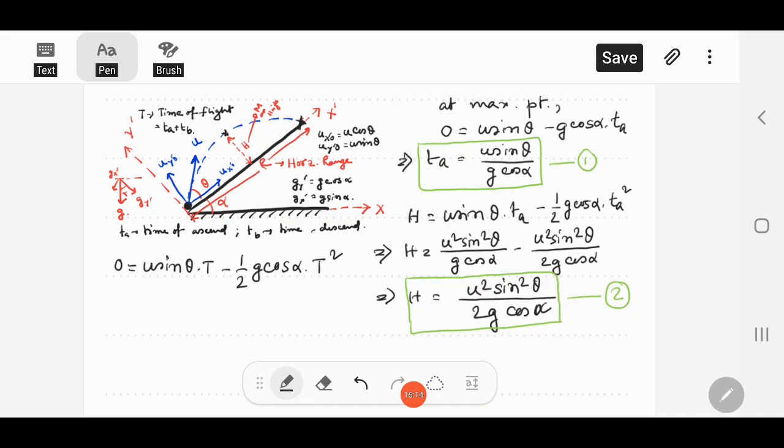So we can cancel one T here because the total time of flight is not equal to 0. So we get T is equal to 2u sin theta by g cos alpha. This is nothing but twice the time of ascent.